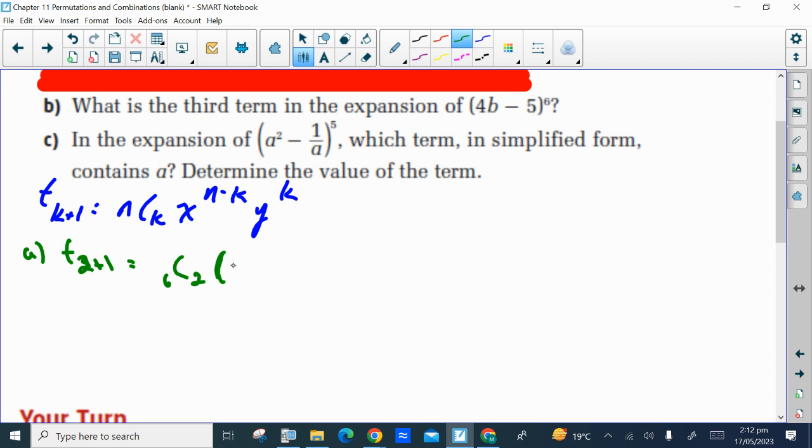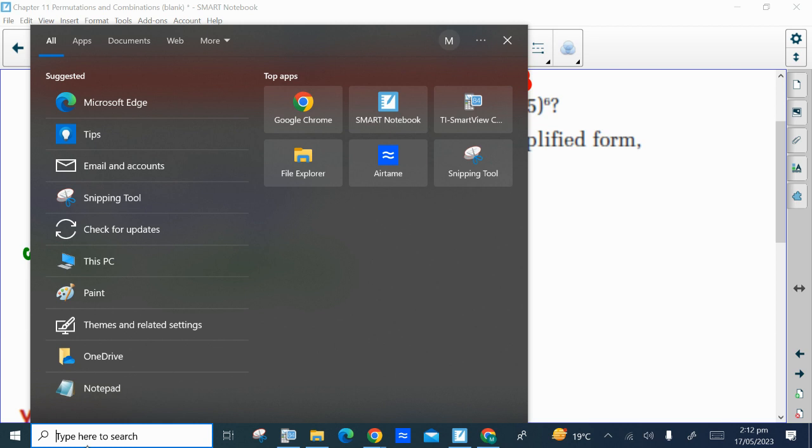So 6C2, 4b to the 6 minus 2, negative 5 to the power 2.